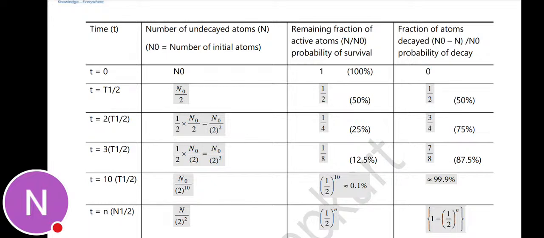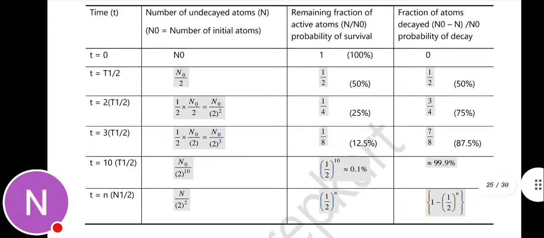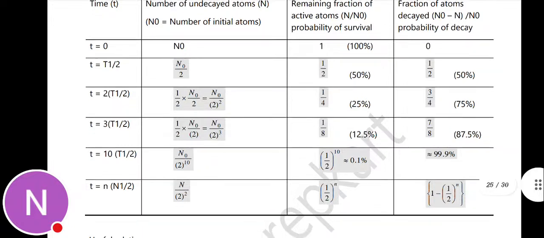Here the remaining fraction of active atoms is only 1, and the fraction of atoms decayed is 0. For t is equal to T1 by 2, N naught by 2 is the number of undecayed atoms. The remaining fraction of active atoms is 1 by 2, that is 50%. The fraction of atoms decayed is 1 by 2 for N naught minus N, so it is also 50%.